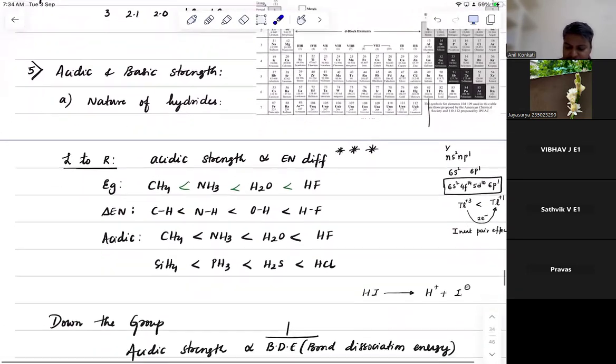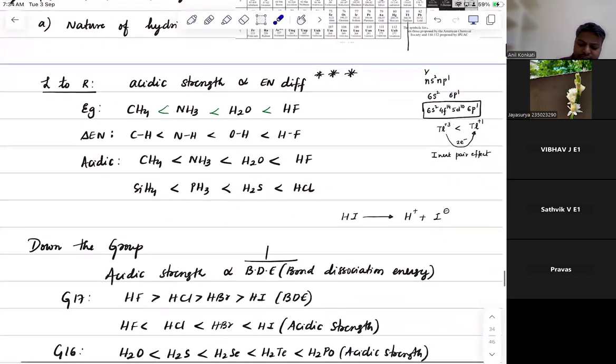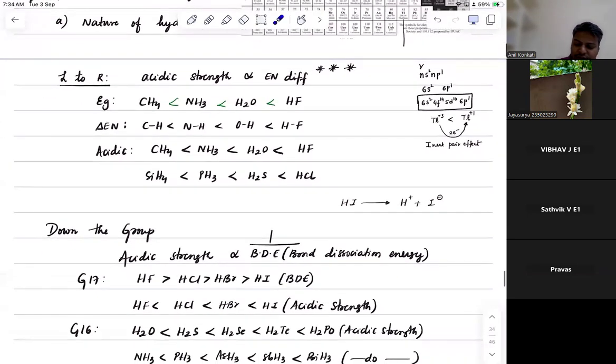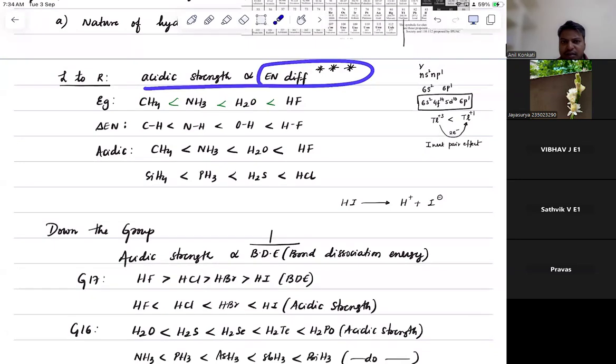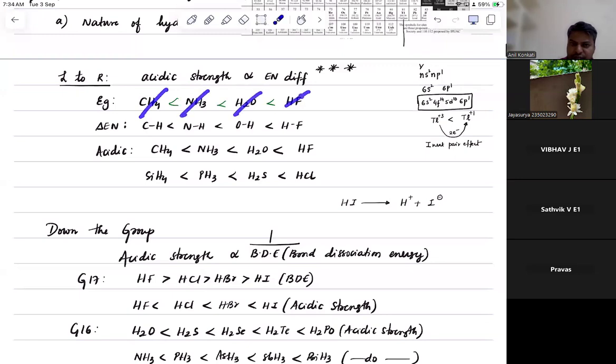Next, left to right, acidic strength always depends on electronegativity difference. If the electronegativity difference is more, acidic strength will always be more. You can see CH4, NH3, H2O, and HF. HF is the strongest acid, and this is how the trend increases. The same logic applies to the next period also.